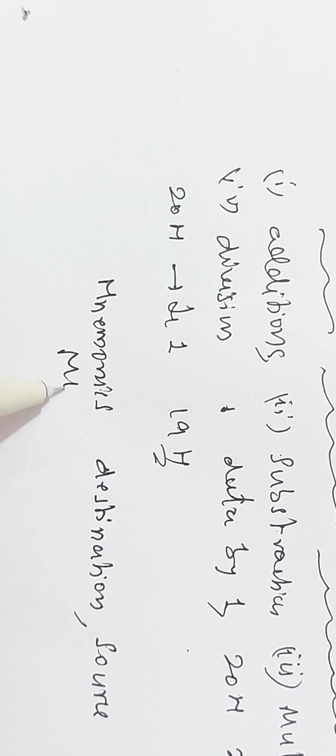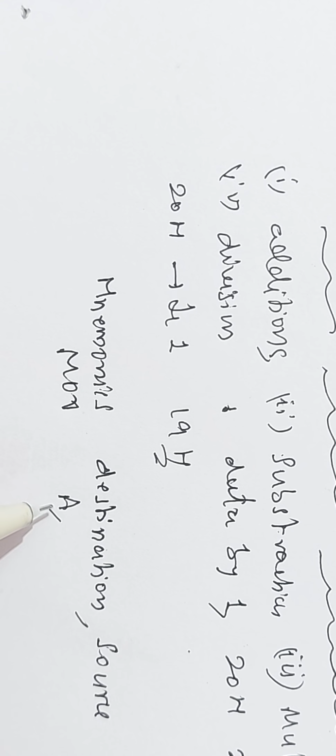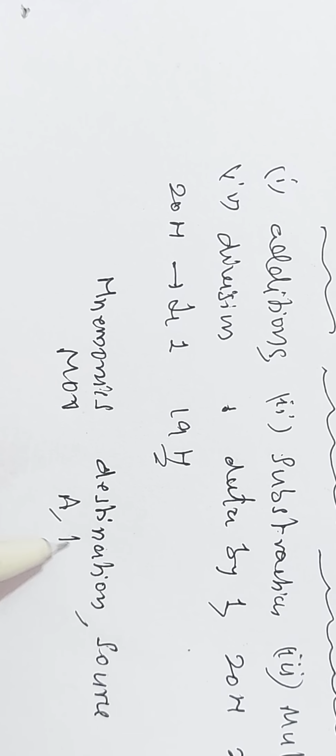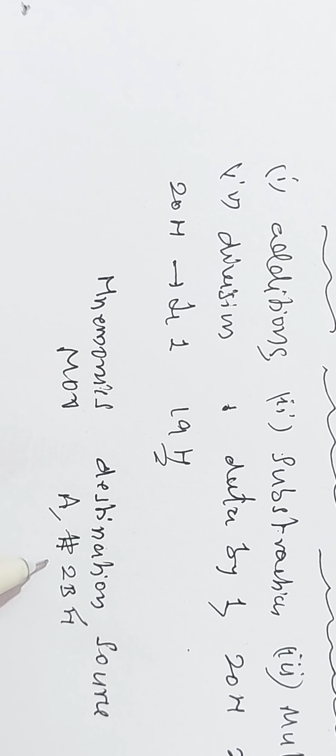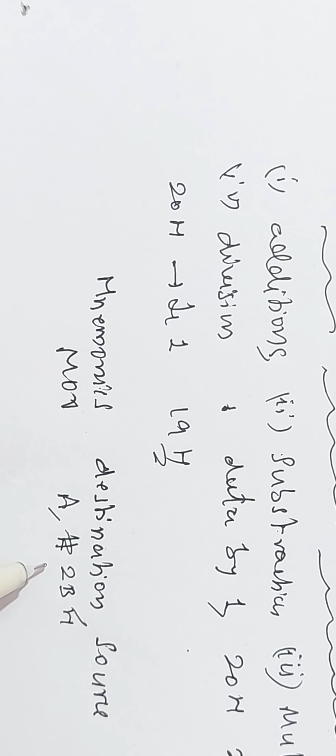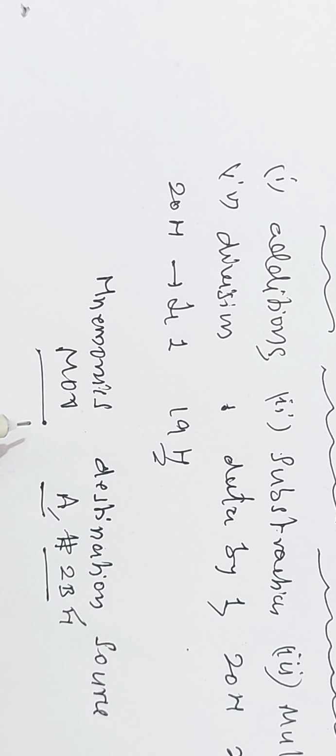Example: MOV is a mnemonic. A is a register which is the destination, comma, #2Bh. #2Bh is immediate data. Immediately 2Bh is moved to A. This is the source, this is the destination, and this is the operational code, or simply mnemonic. Therefore, this is one complete instruction.